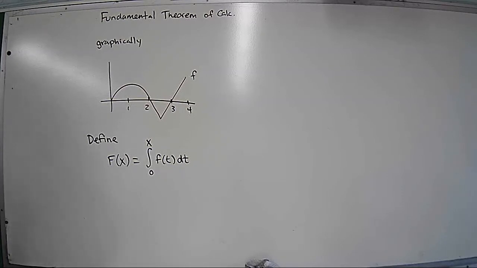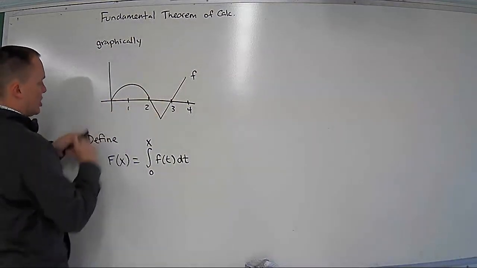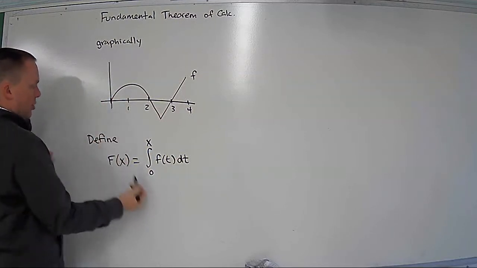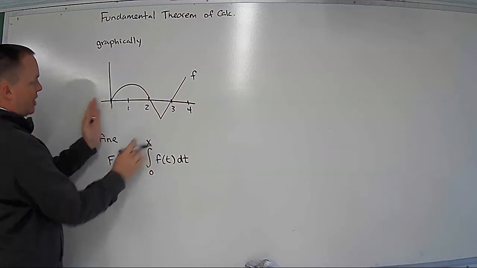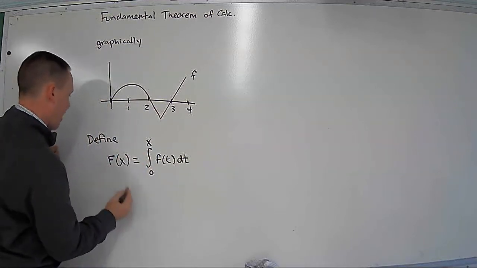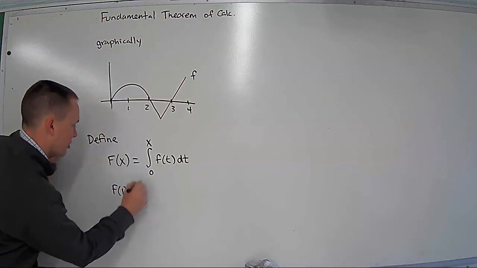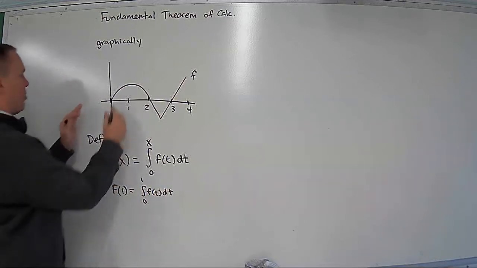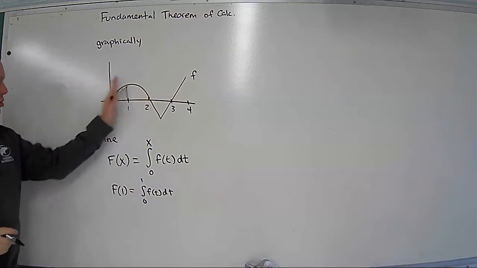And so what we're doing is big F is accumulating area. So as we start here at 0, we're going to add area up from 0 to whatever x value you want. So big F of 1, just to make sure you understand, would be the integral from 0 to 1. It'd be the area that's accumulated from here to here.